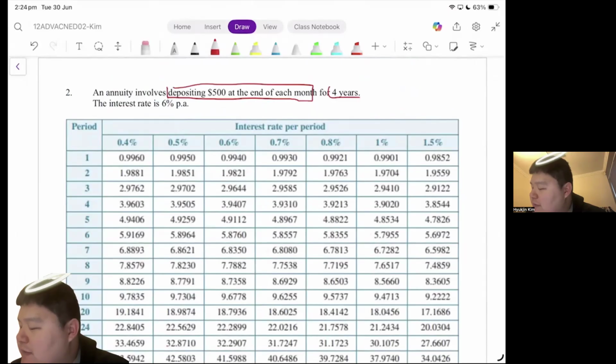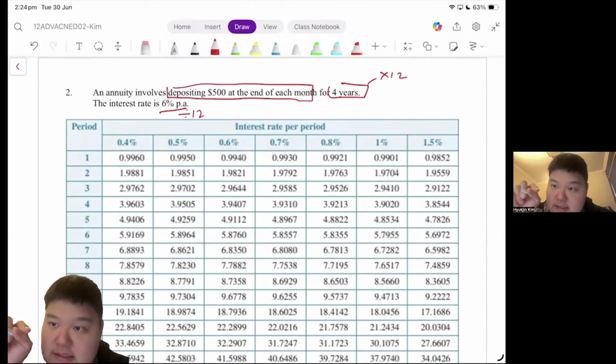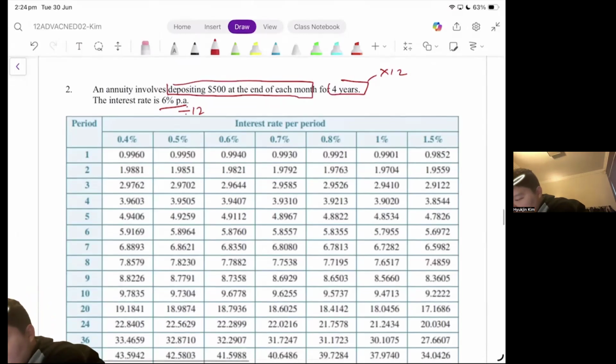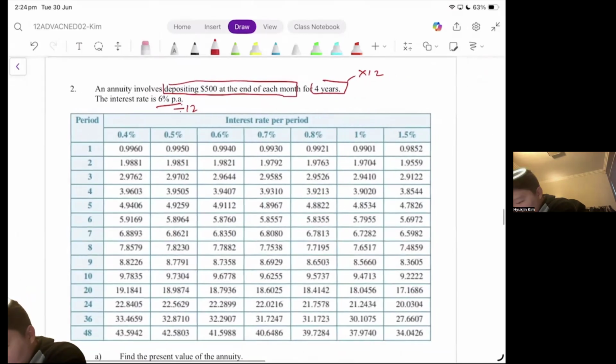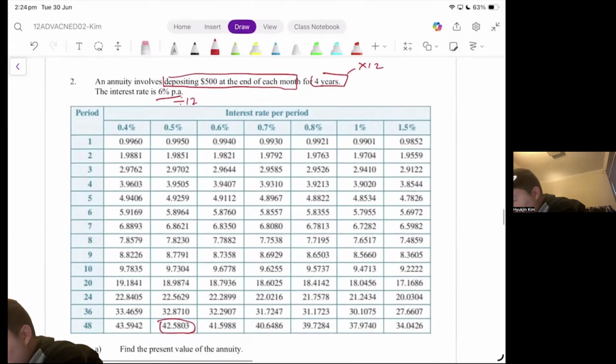This means the number of periods needs to be multiplied by 12, which gives 48, and the rate needs to be divided by 12, because the deposit is what dictates everything in this case. You actually could have noticed when you realized the table only goes up to 1.5% as well.